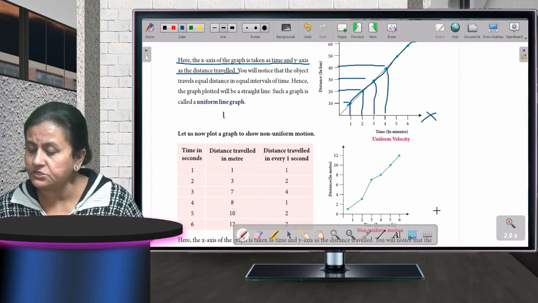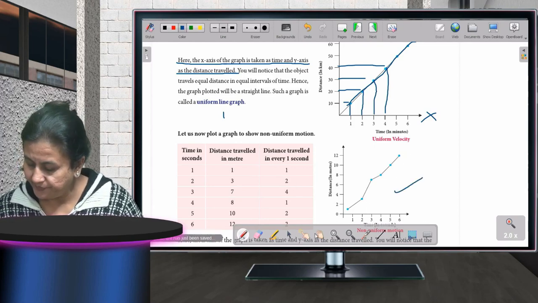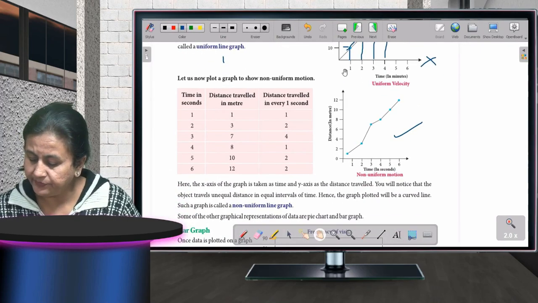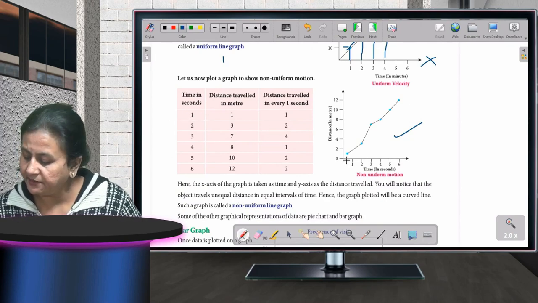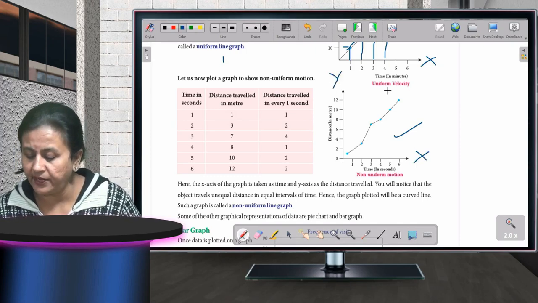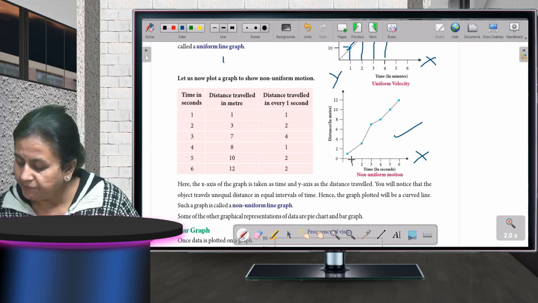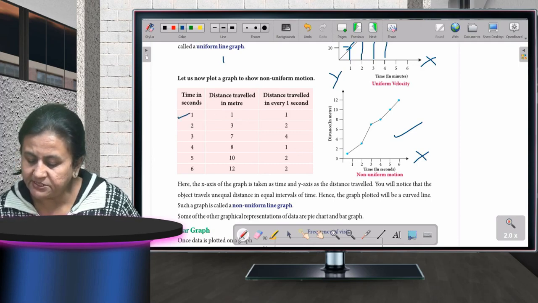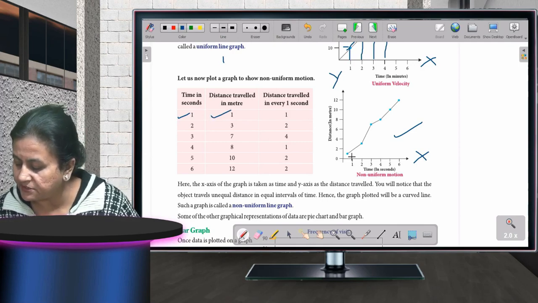If it is not coming in a straight line, as you can see in the next graph, here the time is in seconds on the x-axis and the distance traveled is in meters on the y-axis. Here you are going to plot how much time there is.